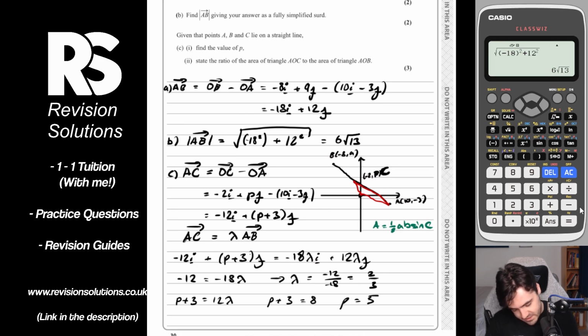So if we want the ratio of AOC to AOB, AOC is going to be 2 parts to every 3 parts of AOB. So for part 2, the ratio of AOC to AOB is going to be 2 to 3.